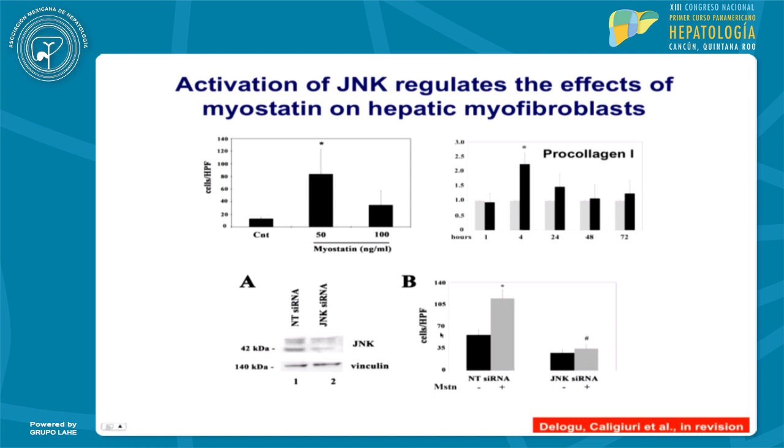And this occurs, as you can see here, in a Jun kinase dependent activation. These are cells where Jun kinase has been silenced with a small interfering RNA, and you can see that the biologic effects in this context, migration of the cells, may be inhibited when Jun kinase is silenced, and we observe similar data with Jun kinase inhibitors.